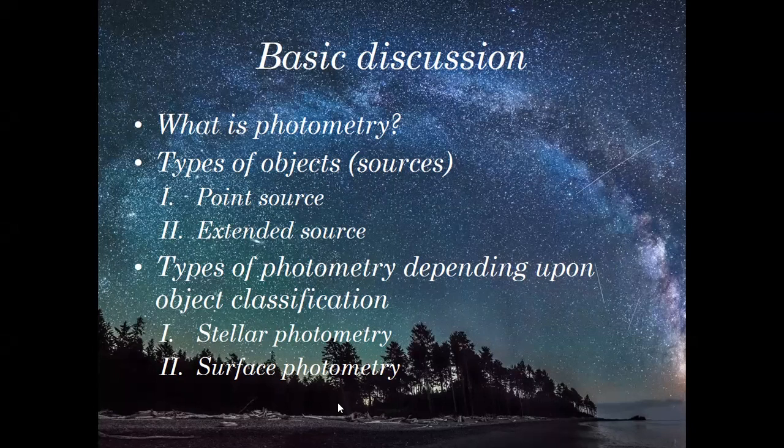So the basic discussion that we are going to do today, the start of the session, is what basically is photometry. Photometry revolves around the essence of finding flux and the magnitude of a particular stellar source. Flux is basically the power that we receive from the stellar sources. Obviously, the stars are warehouses of energy.